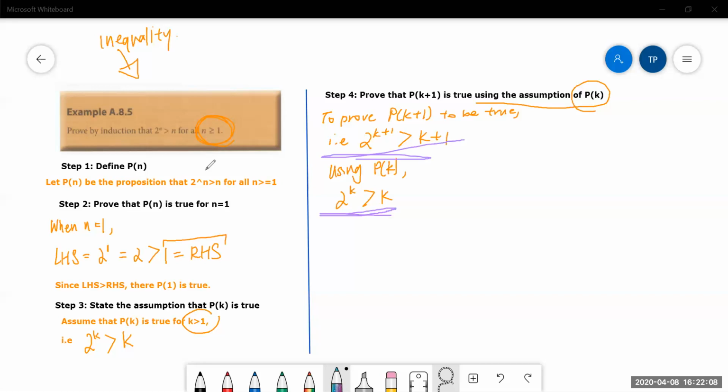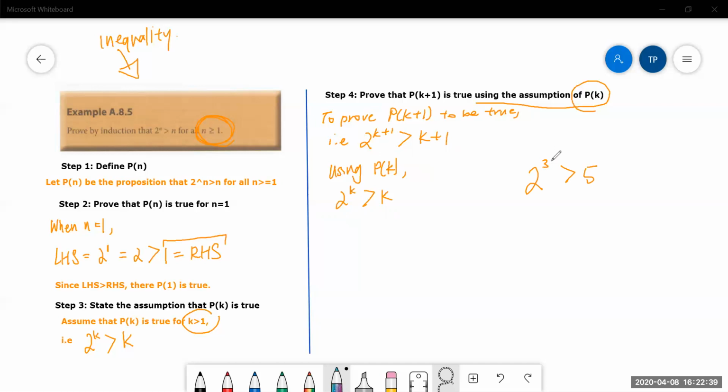Since 2 to the power of k is greater than k, then 2 to the power of k plus 1 will be greater than k plus 1, because the difference is still the same. They are both added by 1. No, how is that possible? Look, if I have 2 to the power of 3, which is 8, I say that it's greater than 5. You cannot say that.